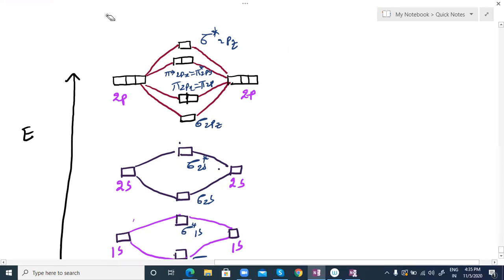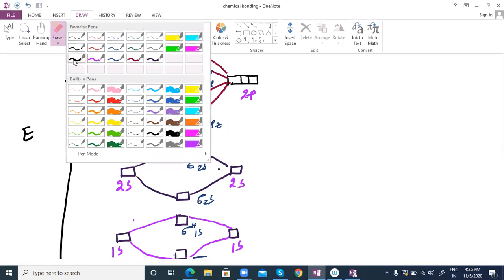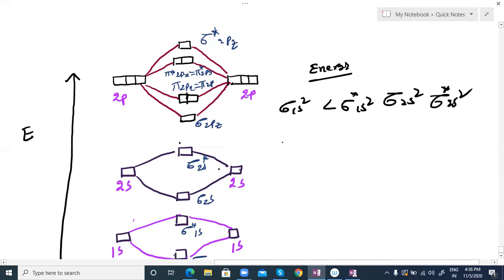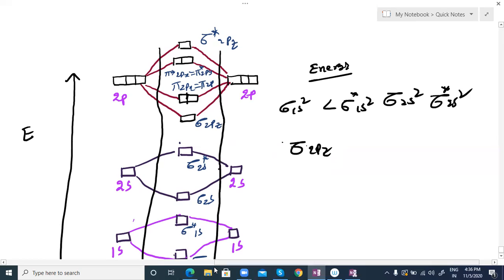Now what is the energy order? You can write it very easily. The energy order: sigma 1s2, sigma star 1s2, sigma 2s2, sigma star 2s2. Then you can take sigma 2pz, then pi. I am going to concentrate only on the middle one. Please keep in mind, only the middle one is our target, not the adjacent ones. The adjacent ones are atomic orbitals; our target is only the middle one, the molecular orbitals.